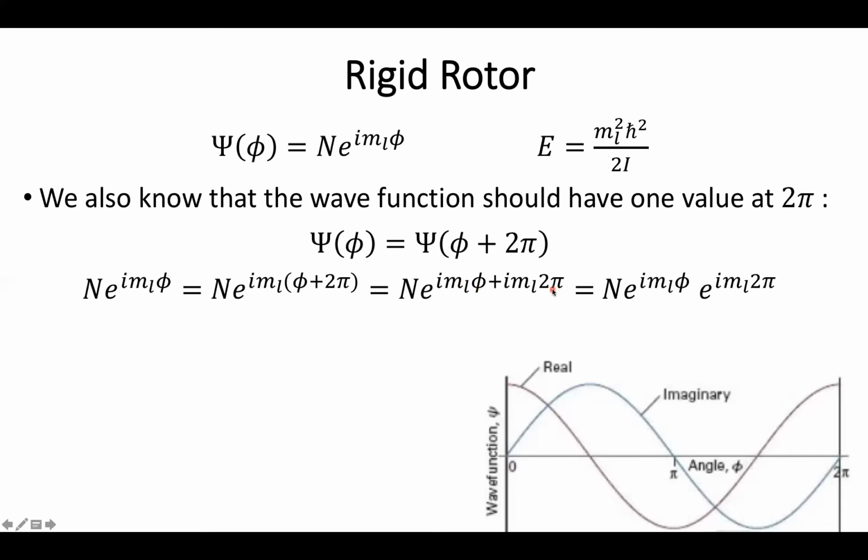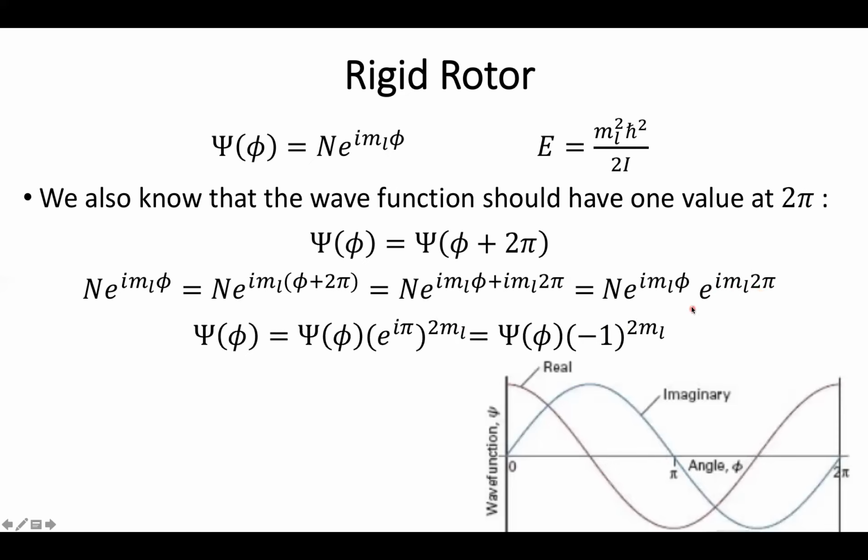Then using our exponential rules, we can separate this into two separate exponentials. When we do this, you'll note that the first set of terms is just returning our wave function, where we have the normalization constant times our exponential with respect to m sub l and phi. However, we ended up generating an extra exponential function dependent on an imaginary number, m sub l, and 2 pi.